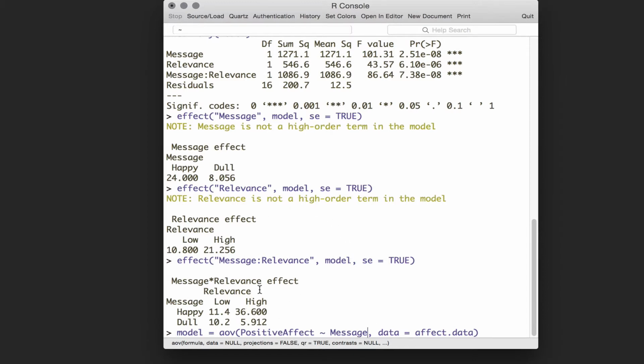So you'd expect it to have exactly the same significance level as the main effect, because that's what the main effect is testing.